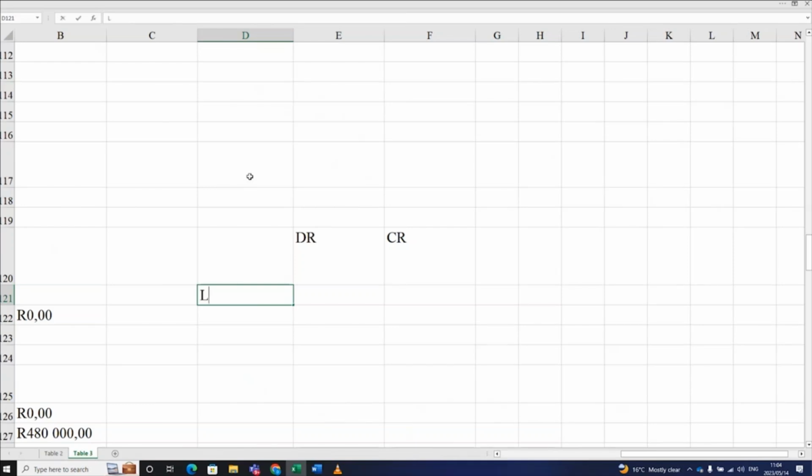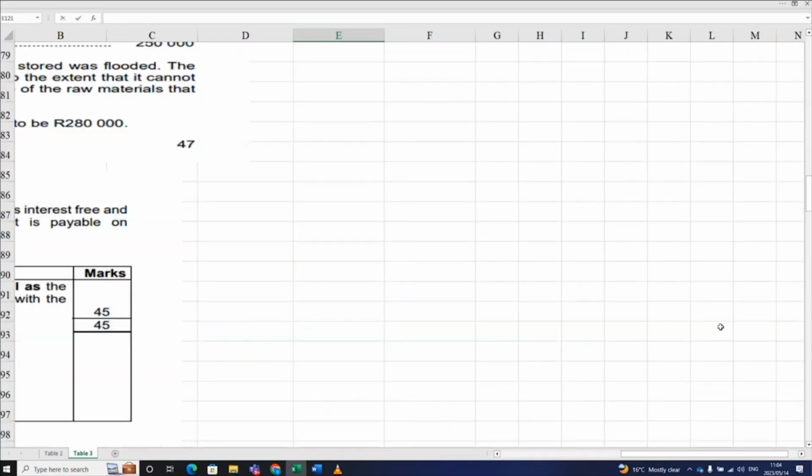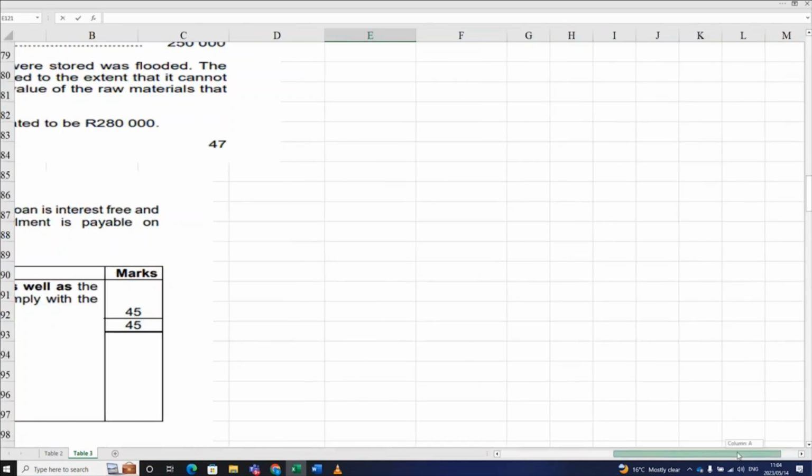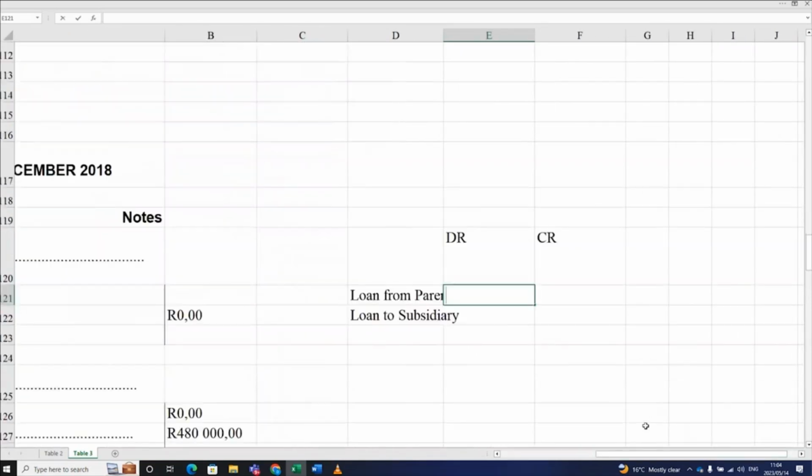So you would have loan from parent, then loan to subsidiary, and that would be, I just forgot how much it was again, 132,000.